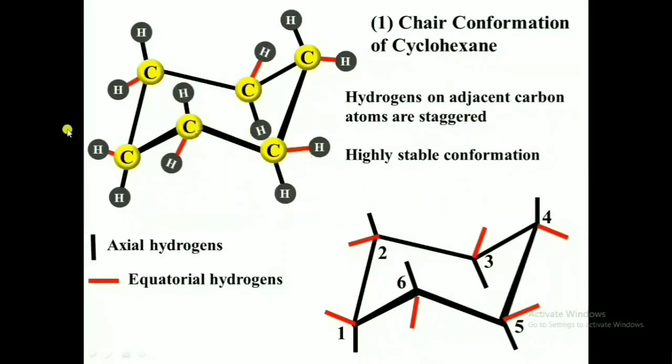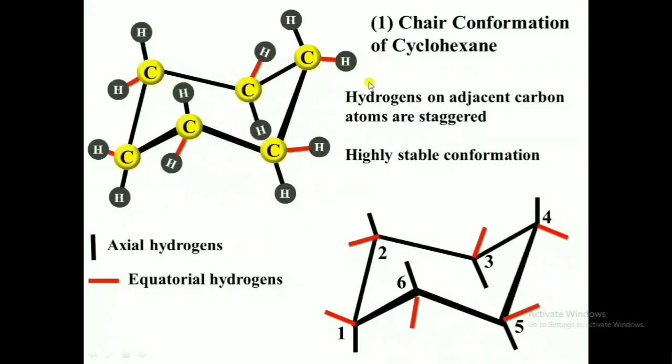You may not feel that all bond angles are 109 degrees 28 minutes by seeing this picture, but if you make a model of cyclohexane with this structure, then you will realize that all bond angles are 109 degrees 28 minutes. So this is a twisted structure in 3-dimensional space, and all carbon atoms have hydrogen atoms.